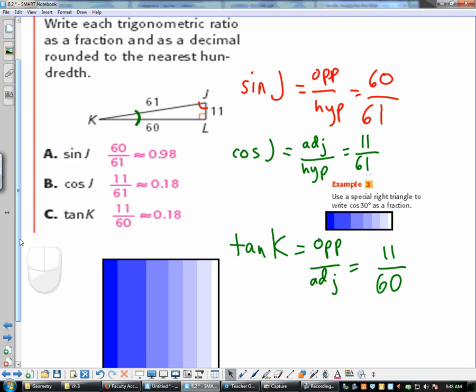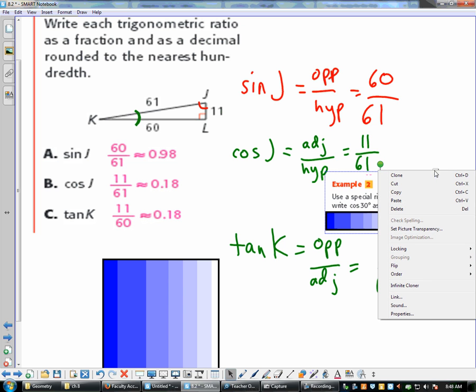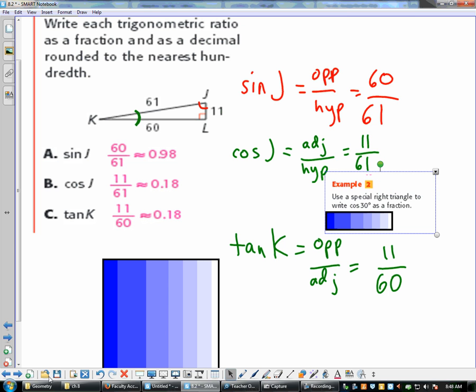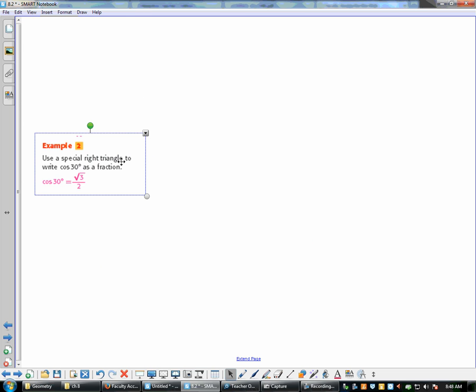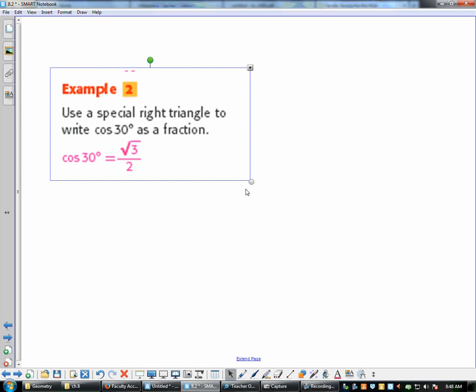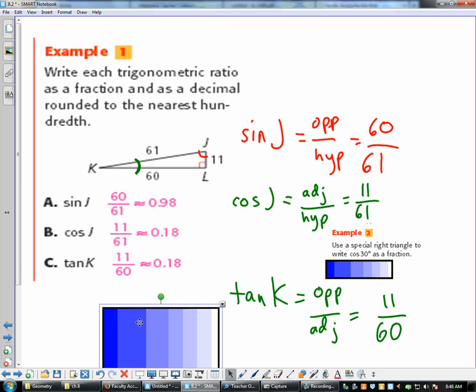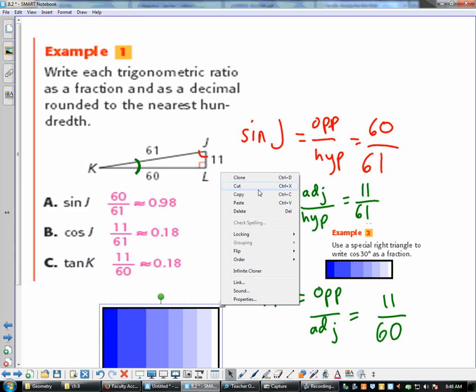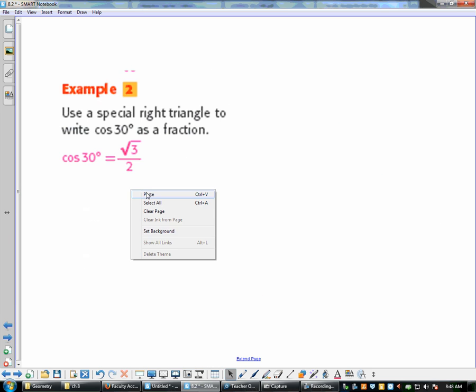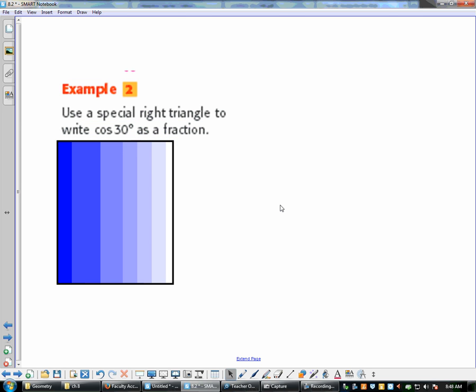Okay, then for my example 2 here, use a special right triangle to write cosine of 30 degrees as a fraction.